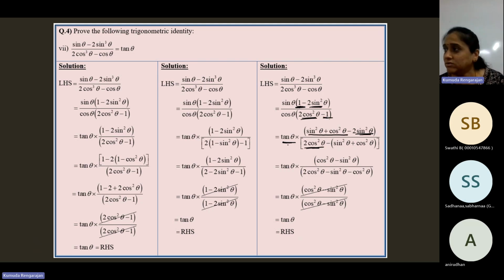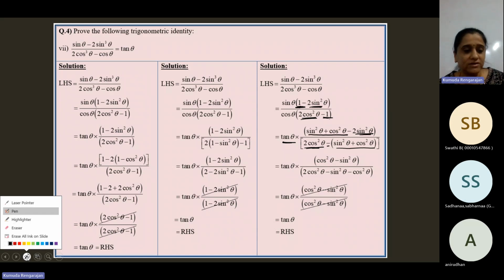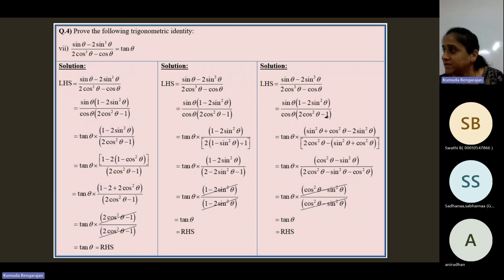This minus 1, no? What is 1? Sine square theta plus cos square theta. After a minus sign, if you're writing more than one term, you should put it in a bracket. So for minus 1 here, after minus there is only 1, so there is no bracket.